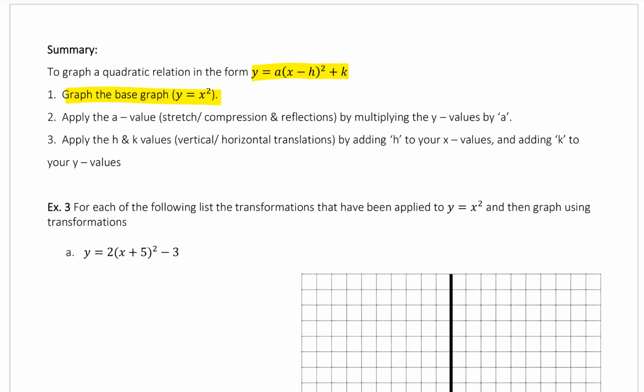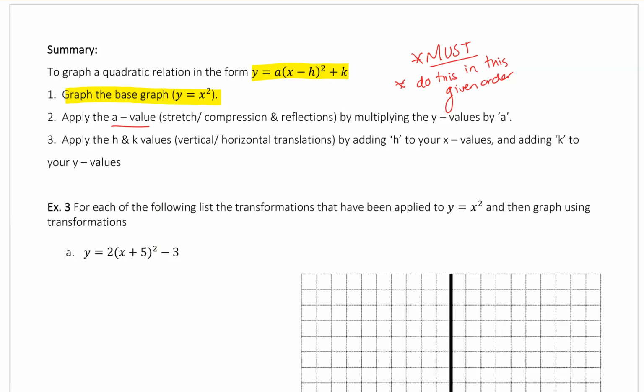You must do this in this given order. Okay, you must always apply the A value first, which is your stretch, compression, and reflection, and you're going to do that by multiplying the y values in your table by a.